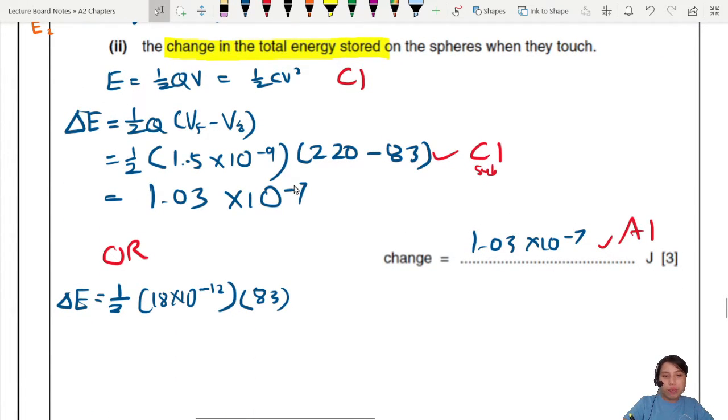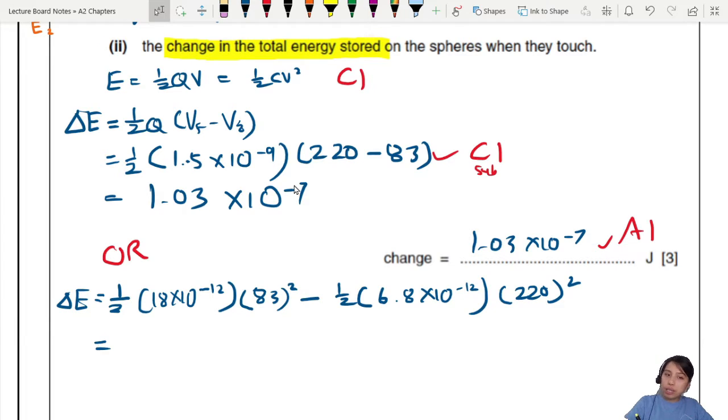Okay lah, we do properly. Final minus initial. Minus the initial. Initial capacitance given to us was 6.8 only. Very small. So 6.8 times 10 negative 12. Initial volt, 220. What you get here? You get a negative 1.03 times 10 negative 7, which is about the same thing. A bit longer lah, because you have changing C and changing V. Extra work.